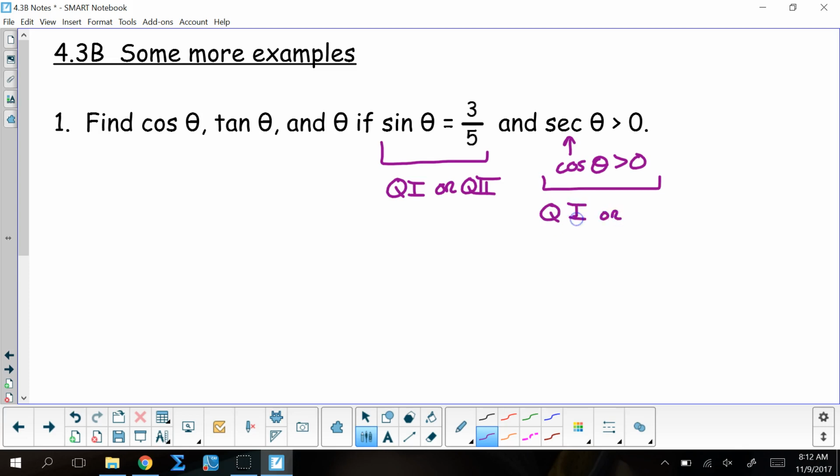First quadrant or the fourth quadrant is where cosine is greater than 0. So which quadrant is my theta in? I'm in quadrant 1 because quadrant 1 is the only one that shows up in both of my conditions.